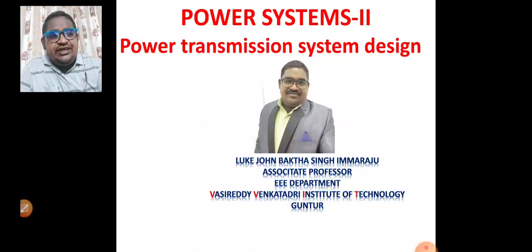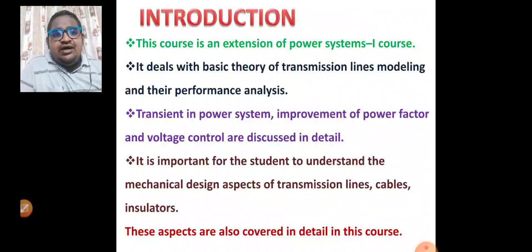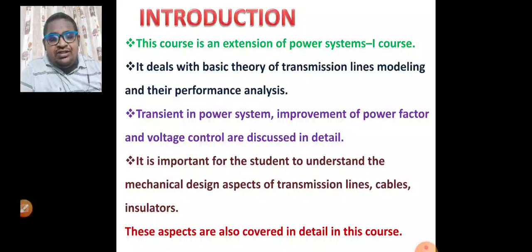And if you see the introduction of this subject, this course is an extension of the power systems 1 course. As I told you already, it deals with the basic theory of transmission line modeling and their performance analysis. That means how we model the transmission lines, and how we can estimate the performance.